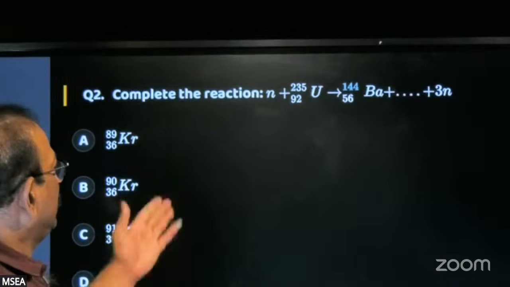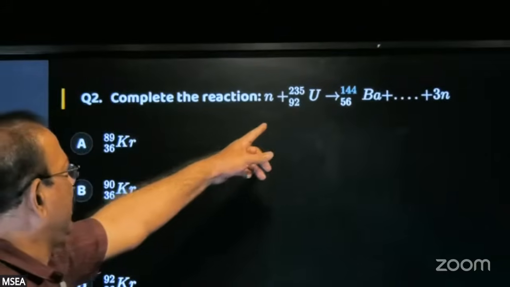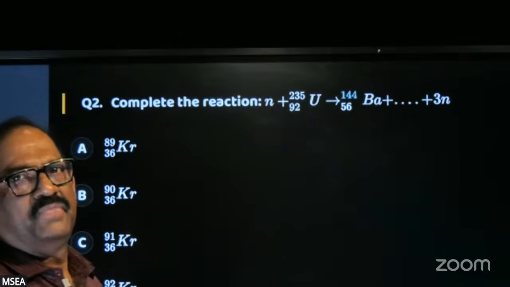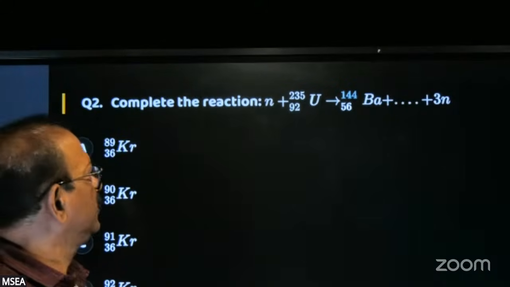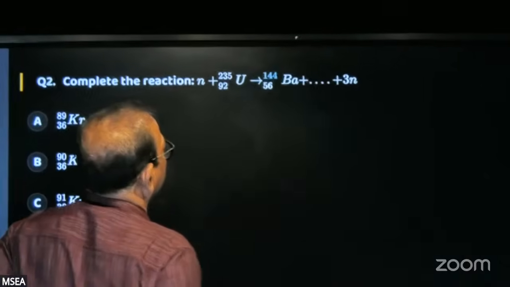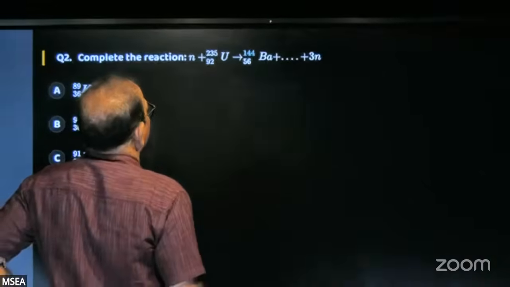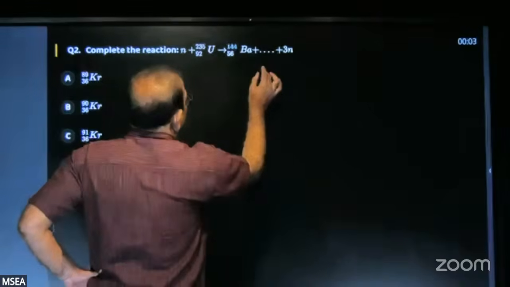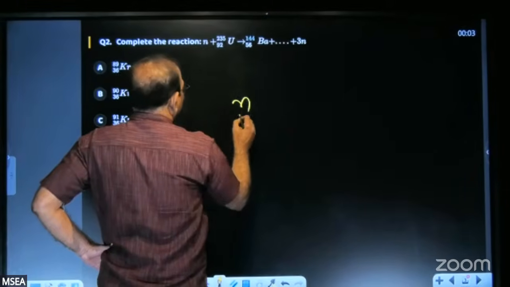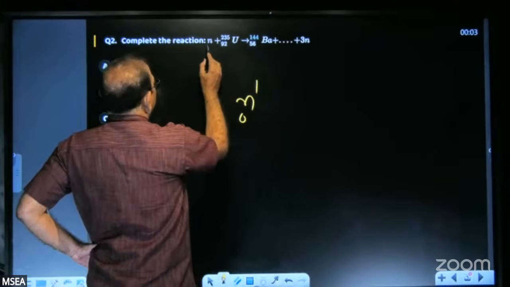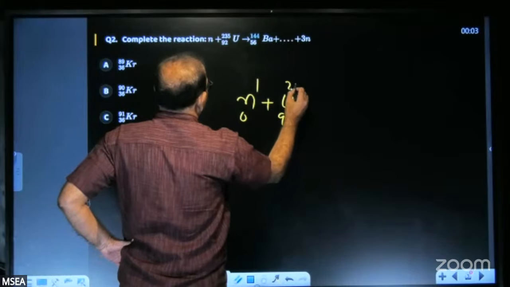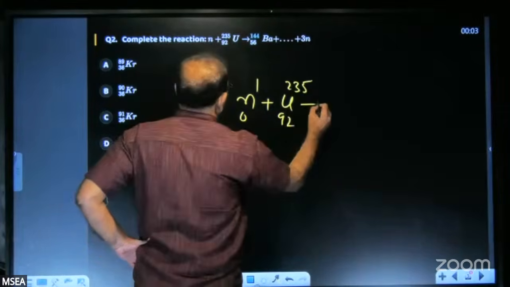Complete the reaction, some reaction is given. In this type of reactions, what you have to do? Both sides, total atomic number and mass number must be equal. Equate, and you will get what should be there in the dashed place. Neutron is given here, n, plus uranium 92 235.